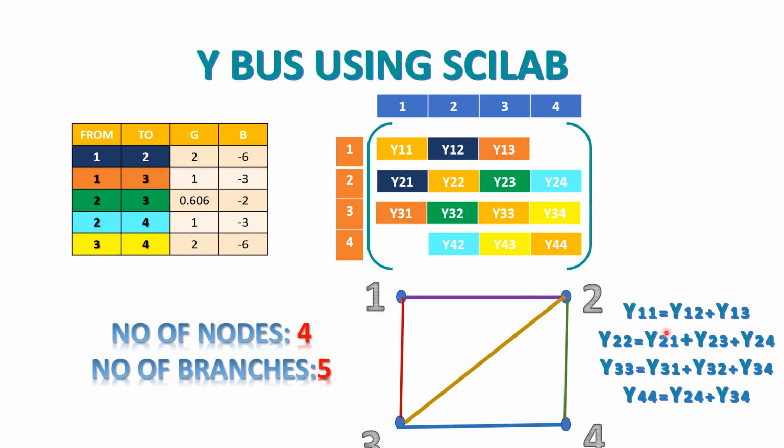So the sum of the admittances of the 3 elements connected at that node gives the diagonal element value Y22. Similarly, Y33, if you observe, has 3 elements connected, and at node 4, Y44, only 2 elements are connected, that is Y24 and Y34. So these are the equations to calculate the diagonal elements, and the off diagonal element values are given in this table.